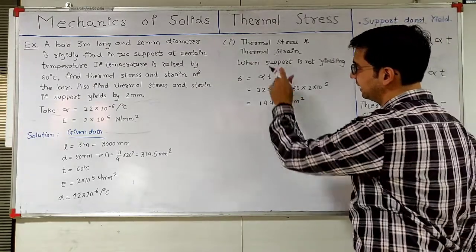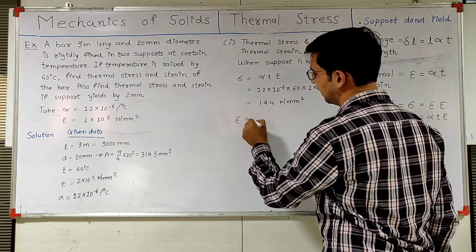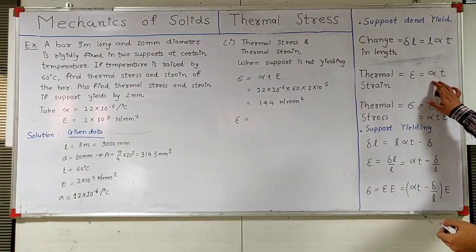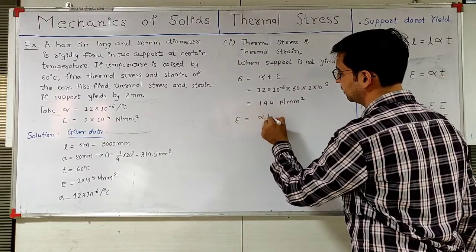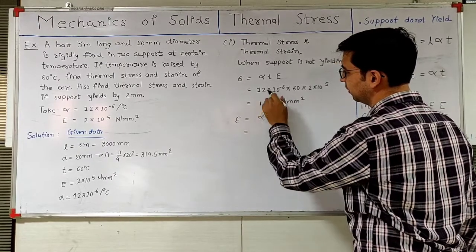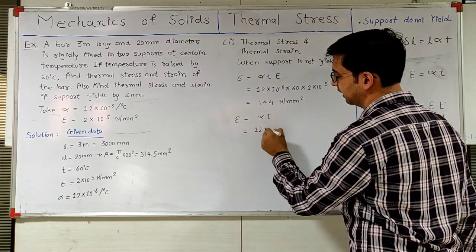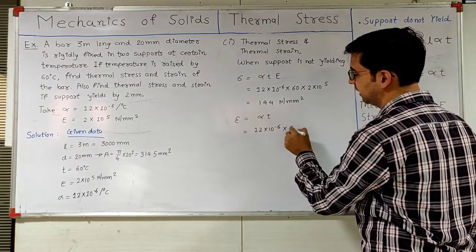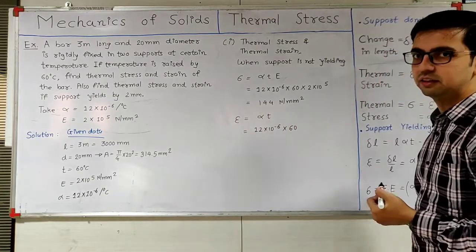Now second data needed is about thermal strain, which is denoted by epsilon. So as we know, for support do not yield condition, it is denoted by alpha into T. So alpha value is 12 into 10 raised to minus 6, called the coefficient of thermal expansion, and T is the temperature difference, which is given 60.